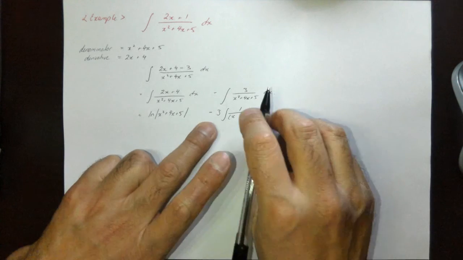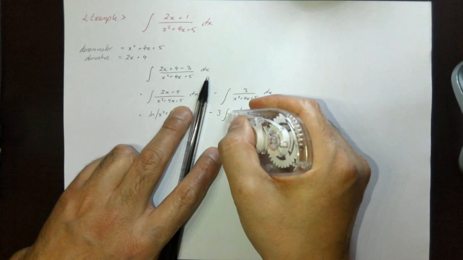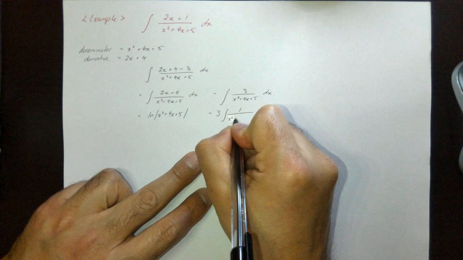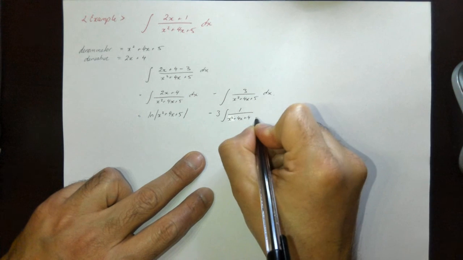The reason why I want to complete the square is so I can use my tan. x squared plus 4x, 4 divided by 2, plus 4.